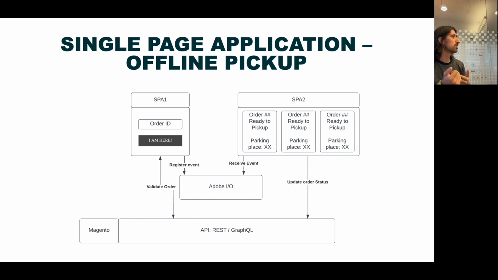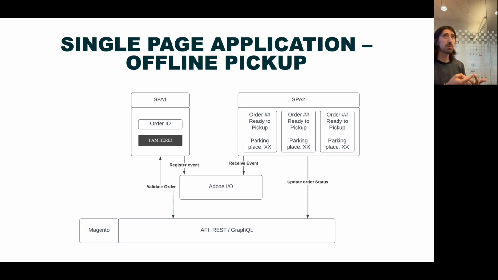Then you can build two applications. One is for the end user, and another one is for the worker of your company, basically. And it works in a way that when I want to pick it up, I cannot go inside of the shop because Corona time, everything is closed. But I can drive to the parking place and then just open the app and enter my order number.